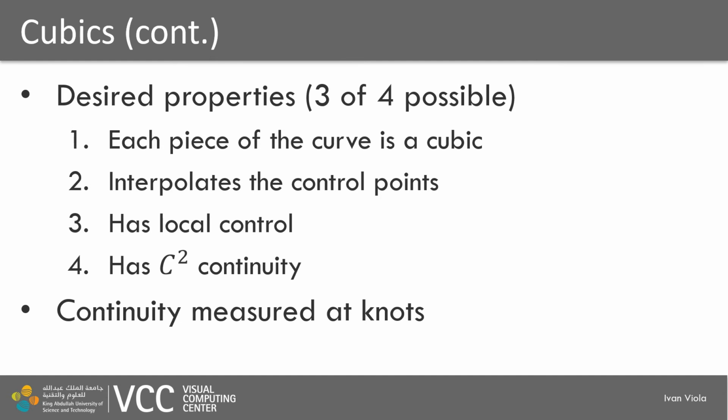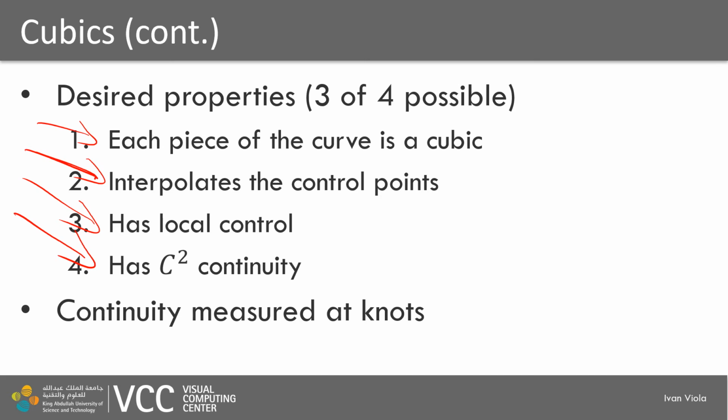There are four interesting properties which the cubic can satisfy. First, that each piece of the curve is a cubic. Then that it interpolates the control points, that it has local control, which means that a small change will only change the curve locally, and other segments which are farther away will be unaffected, and that it has C2 continuity.